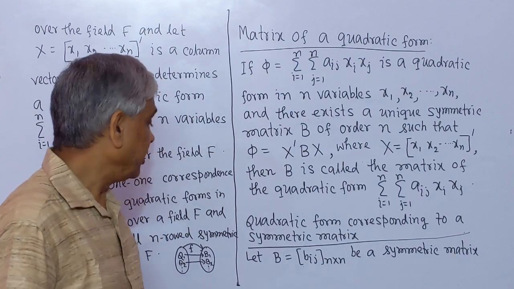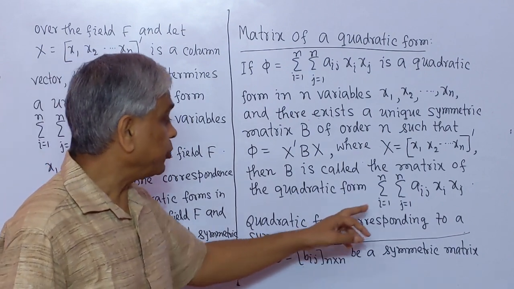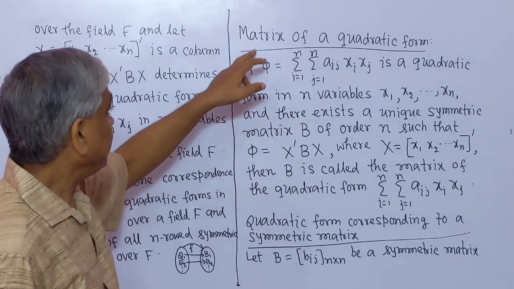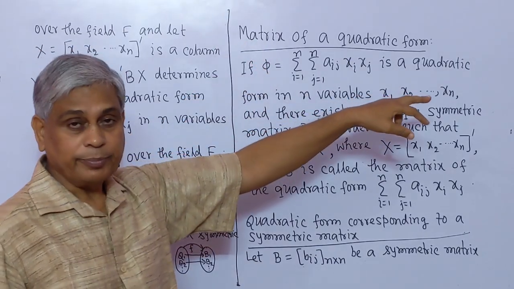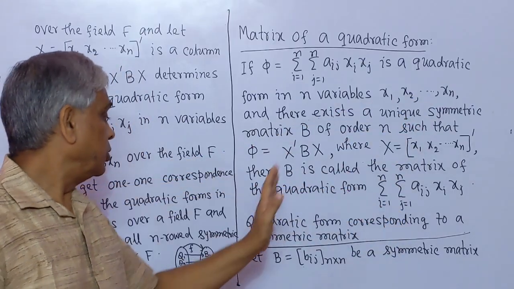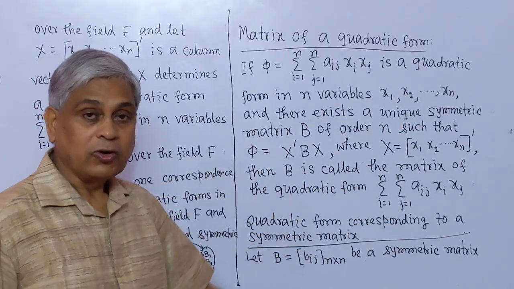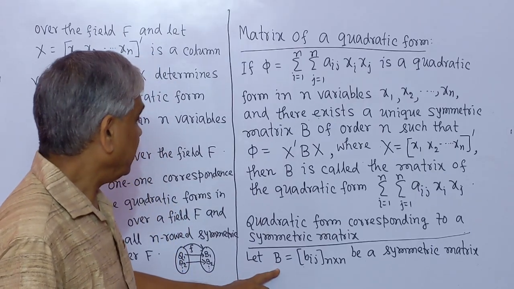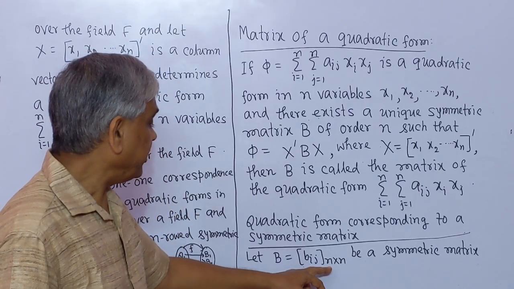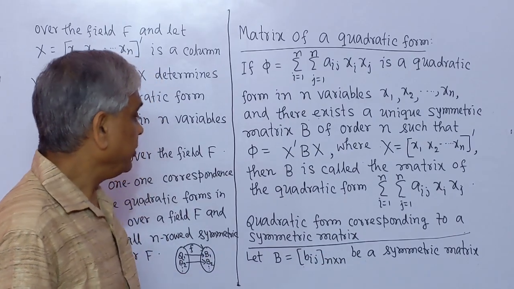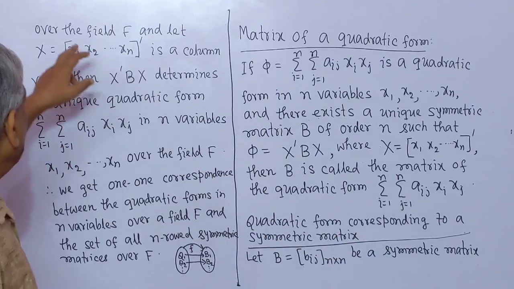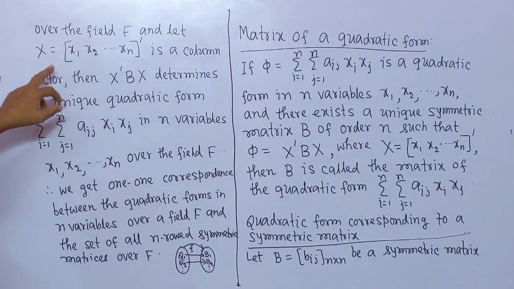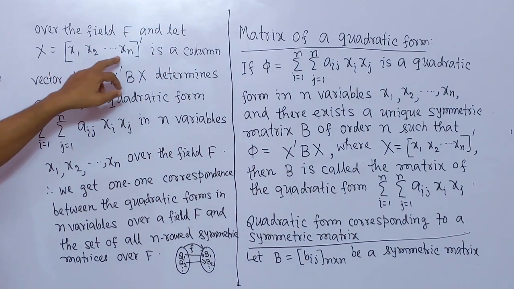Next we define the quadratic form corresponding to a symmetric matrix. Let B be a matrix of size n by n, a symmetric matrix over the field F, and let X be a column matrix.